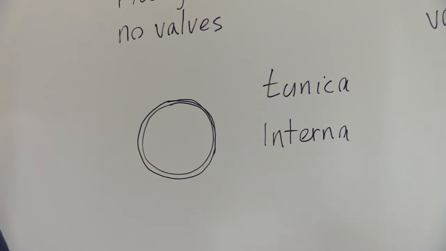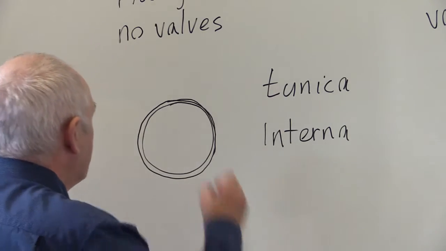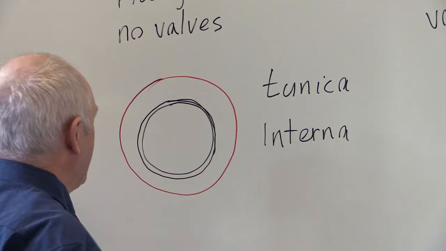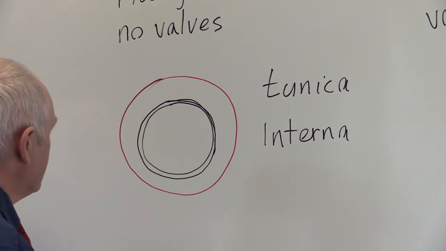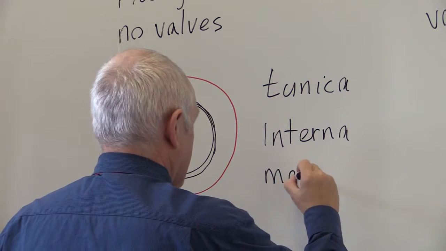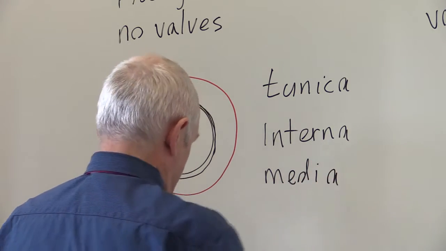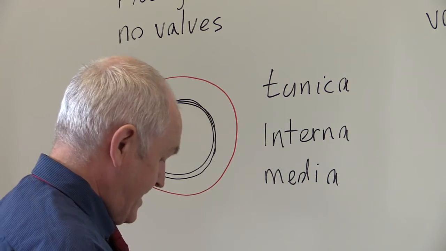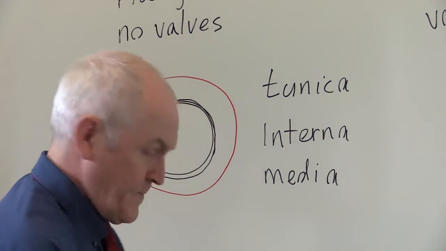And then arteries are going to have a thicker muscular wall. They have a thicker layer in the middle, and this is the tunica media, mostly made up of smooth muscle and some elastic tissues as well.